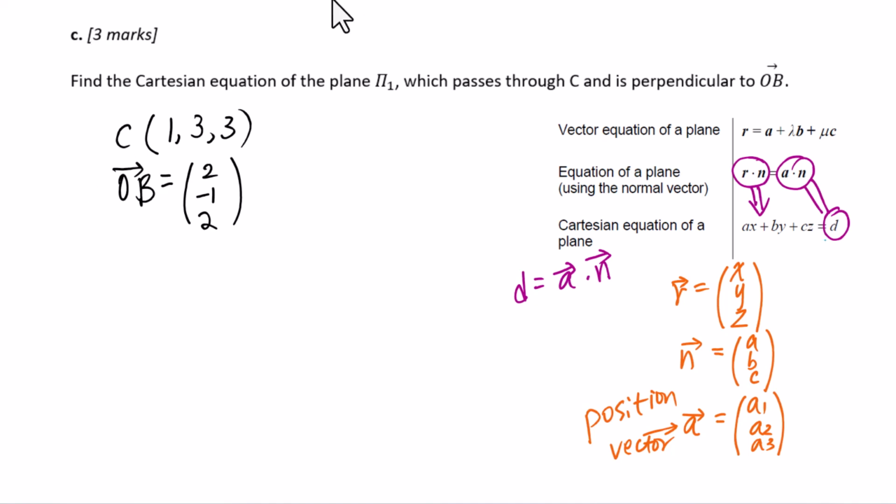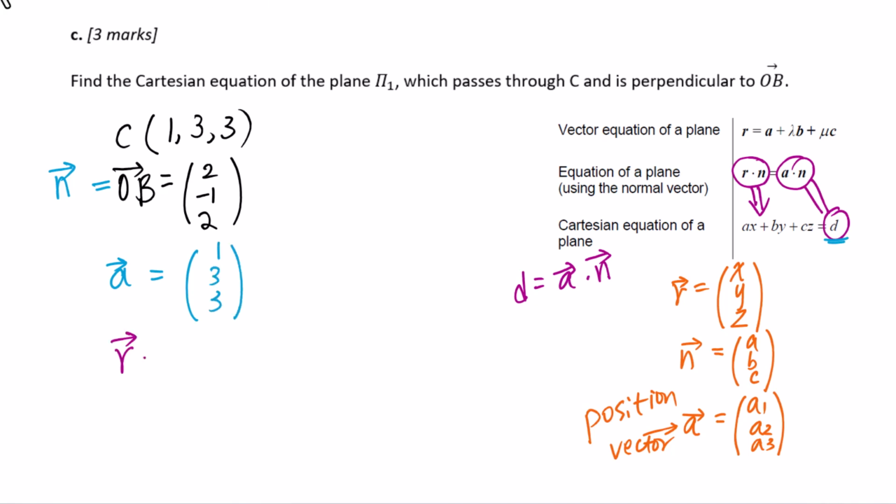So how to work out this D? Position vector A dot normal vector N. Therefore, in this question, OB is a normal vector. A, the position vector in this situation, is (1, 3, 3).